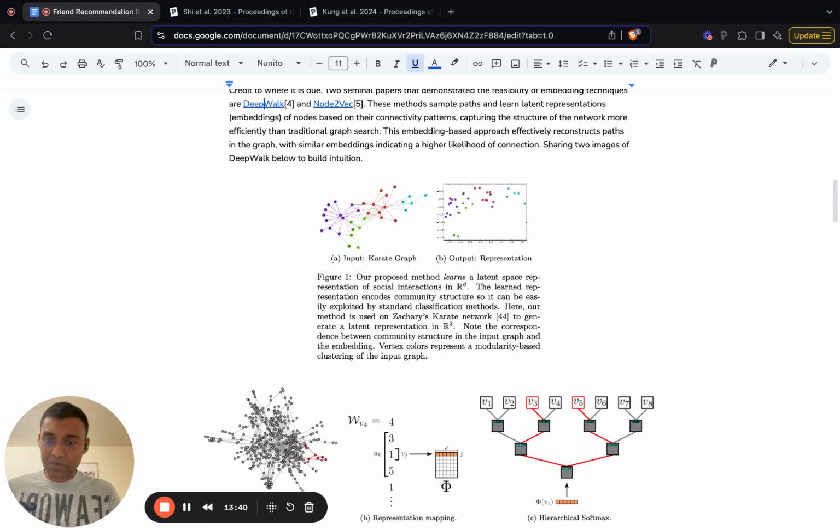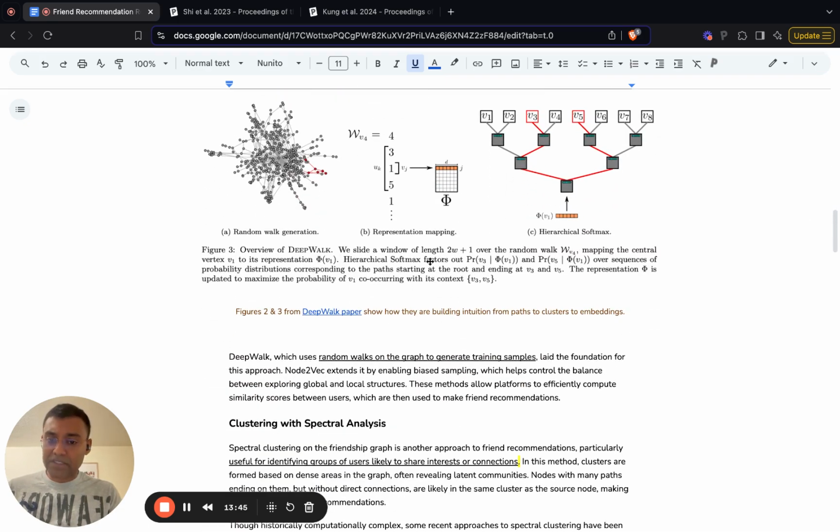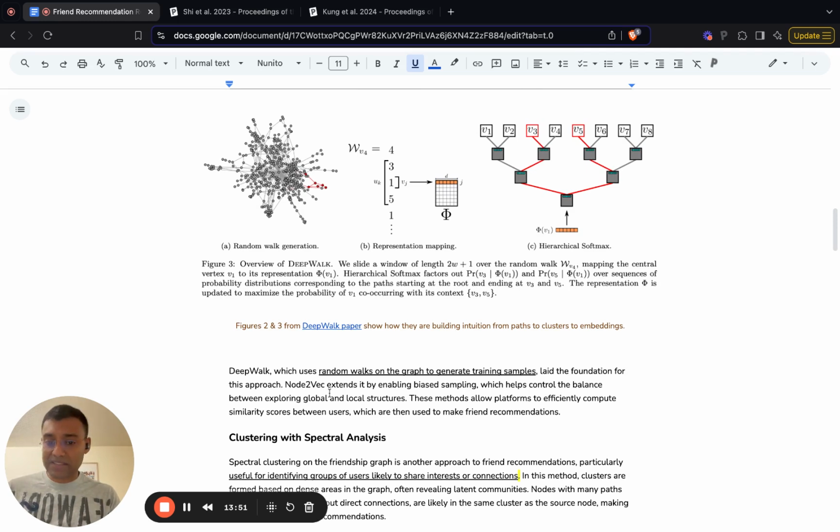So that's the embedding based approach. DeepWalk uses random walks on the graph to generate training samples, and Node2Vec extends it by enabling biased sampling.